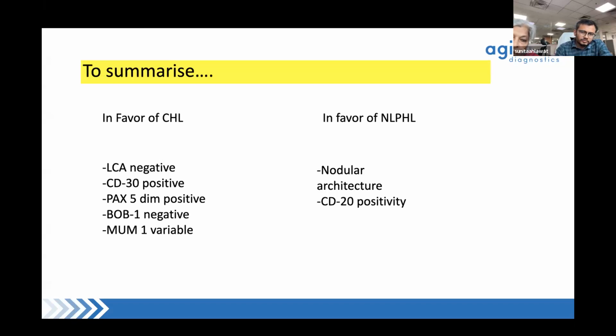And at that time, we were not given the history that he has diffuse skeletal involvement, such an extensive disease in the bone. And so I kept telling that this is looking like Hodgkin.